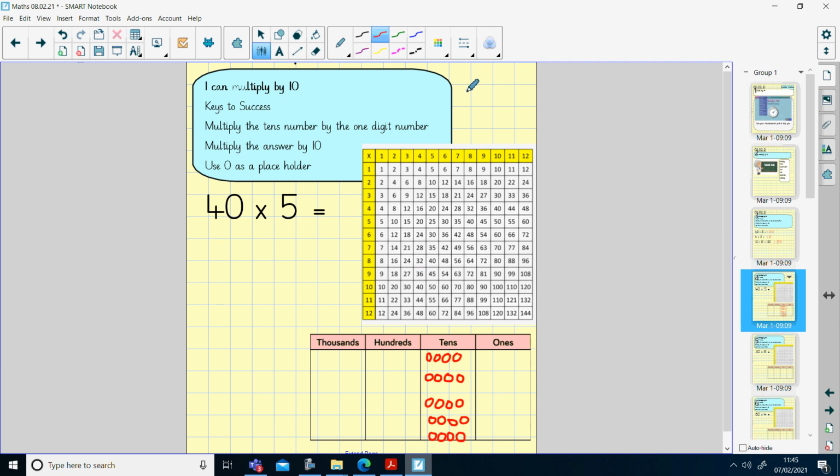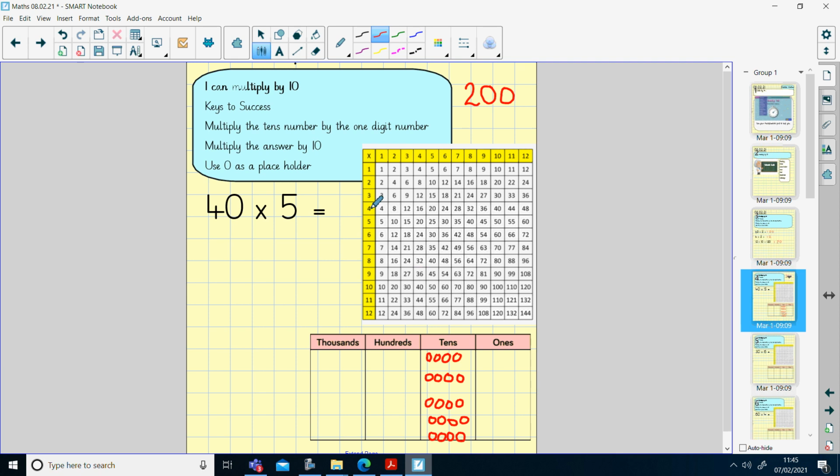So I'm just going to make a note that we think the answer is 200. So if you need to draw your counters today, you can draw your counters and then work out the answer by counting how many you've got altogether.